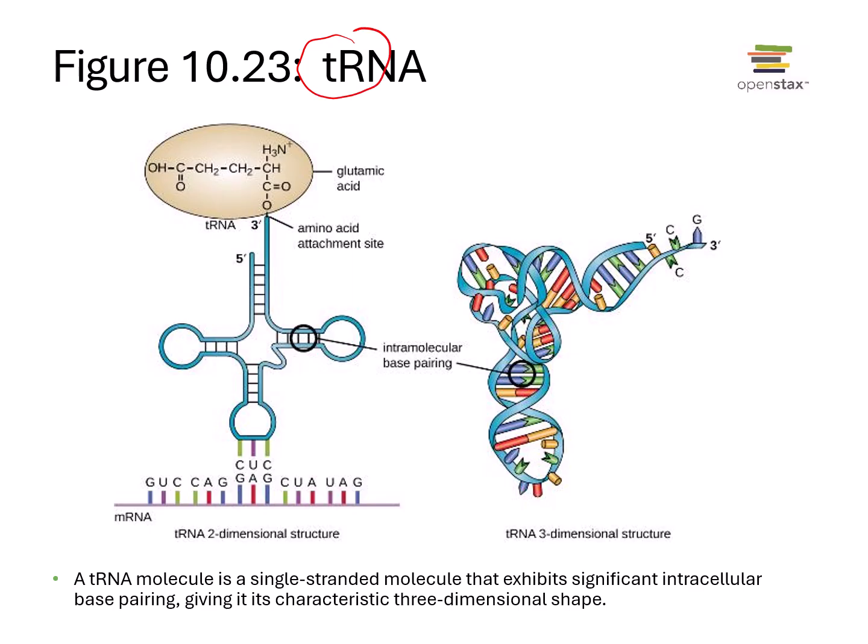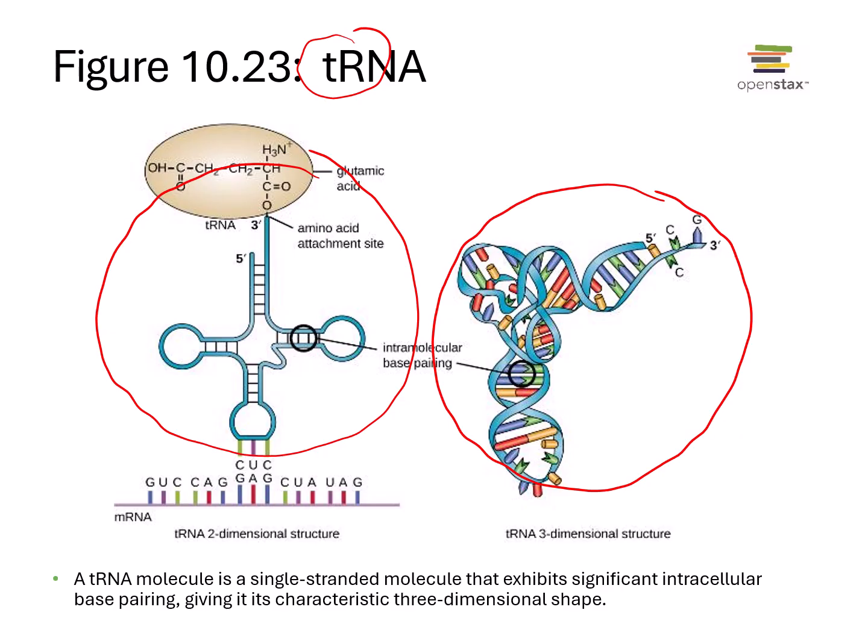It has this shape that kind of looks like that T. This is a more realistic depiction of what tRNA looks like, but at one end, it's going to be able to bind to an amino acid, and the amino acid is determined by the anticodon present on the other end. So the anticodon, we're going to talk more about in chapter 11, will pair with something known as a codon that's found within the messenger RNA.